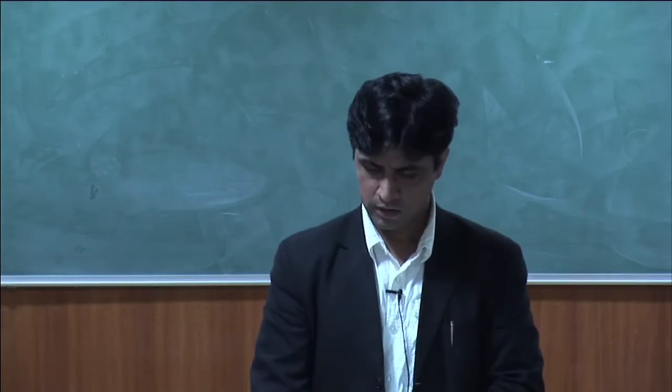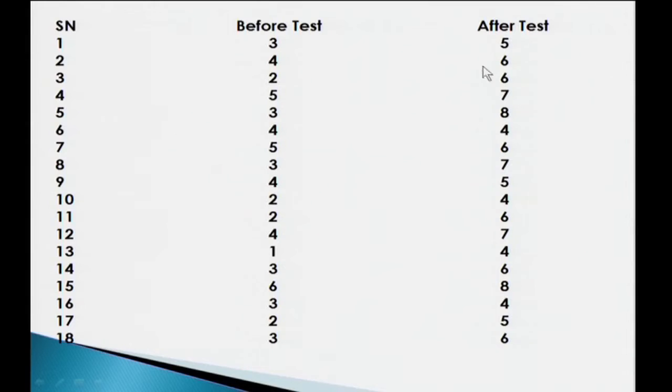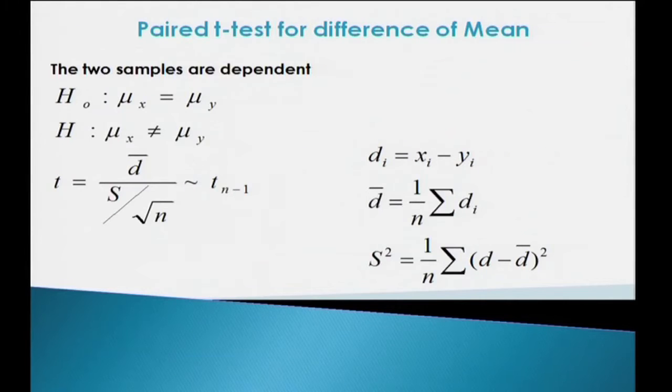The sample after training, after a test, after an advertisement campaign has to be compared with the one before, and we have to see whether that is effective or not. So under such situations we call it the situation of dependent variables.